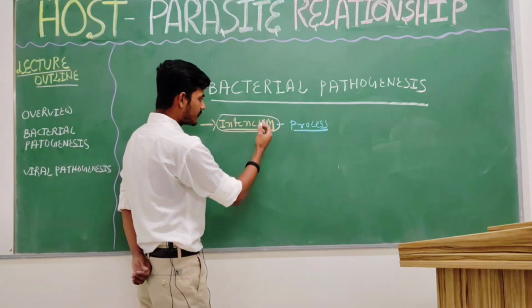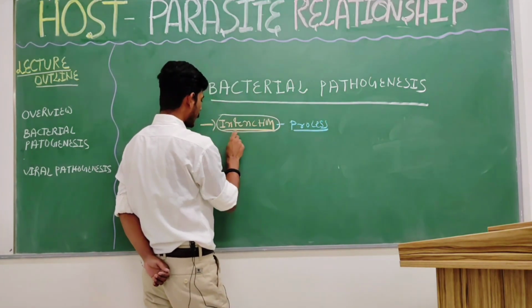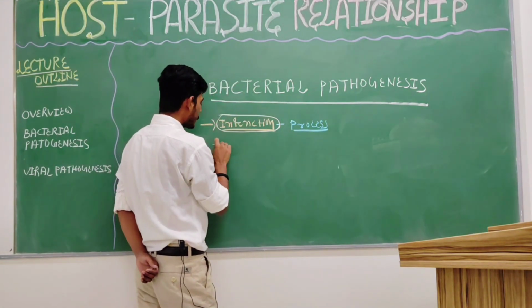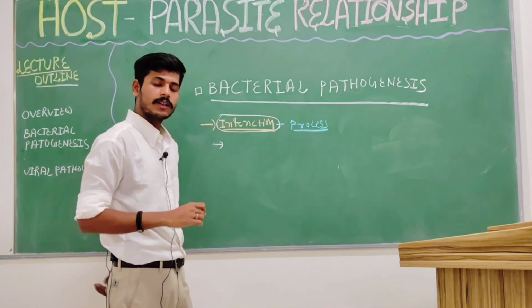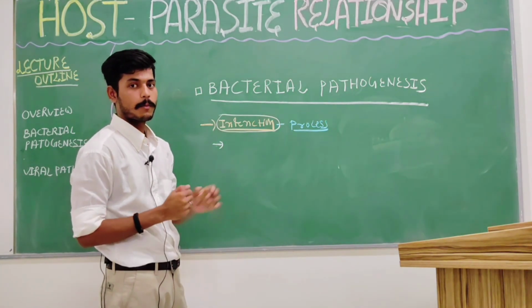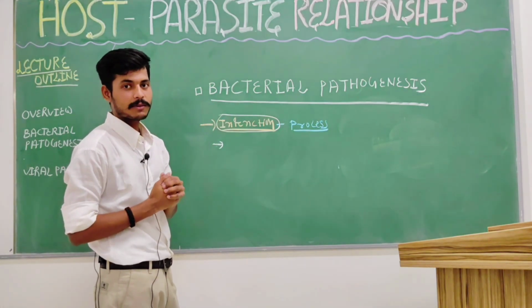This infection process occurs in several steps, so you have to understand the steps. The first step, what do you think? The first step occurs how? The microorganism must enter our body.